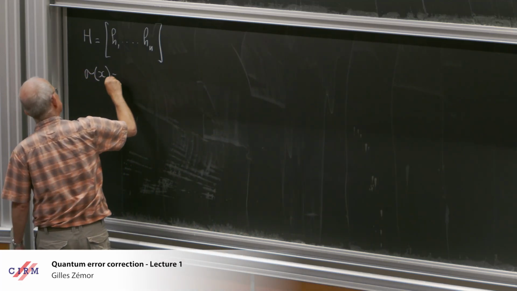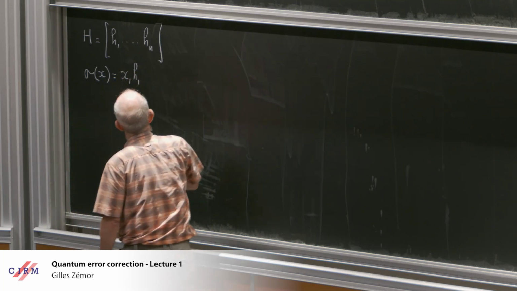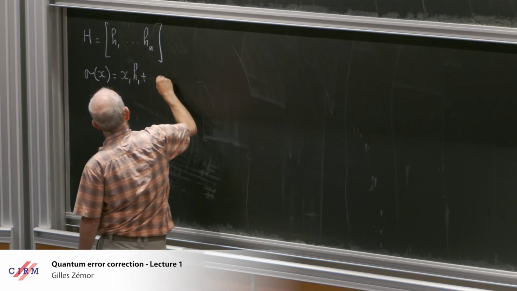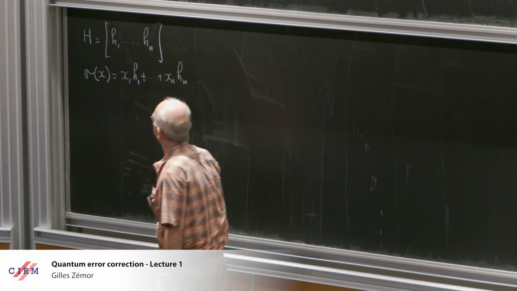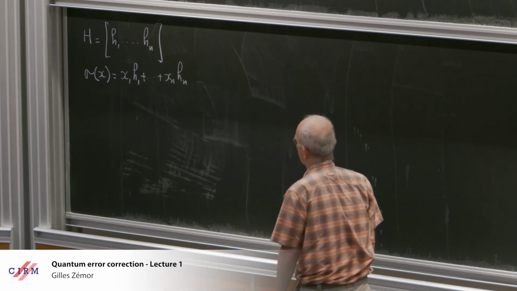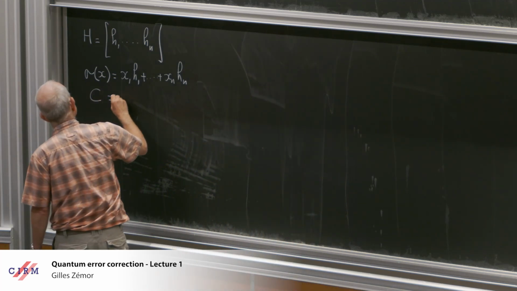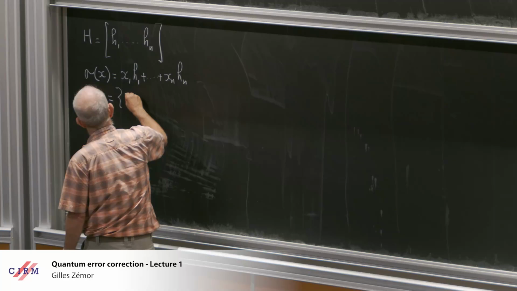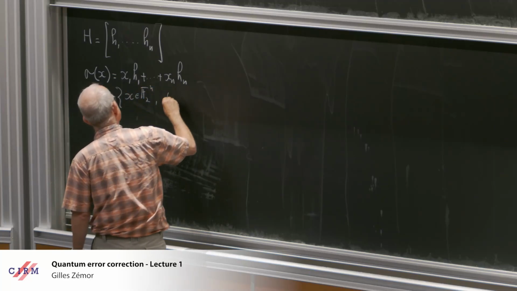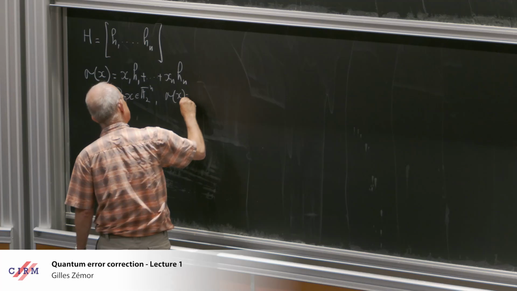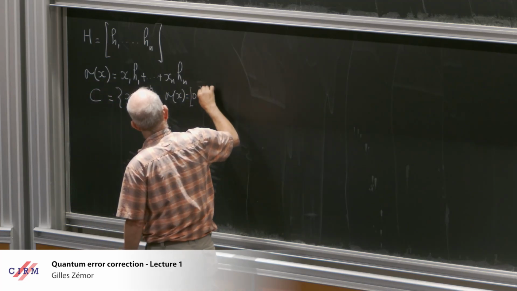Syndrome of x is x1 times column h1 plus xn times the nth column, column hn. And the code is the set of binary vectors with 0 syndrome. This is a column vector.